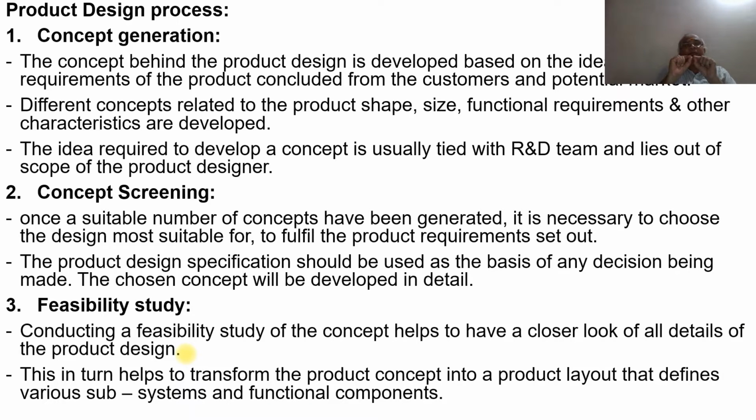Once you go for the interior product detail design, then automatically you will be able to get the concept of product layout. So what are all the processes involved, how we can manufacture, all those things, we're going to have a roadmap. That itself will become a product layout that defines various subsystems and functional components.